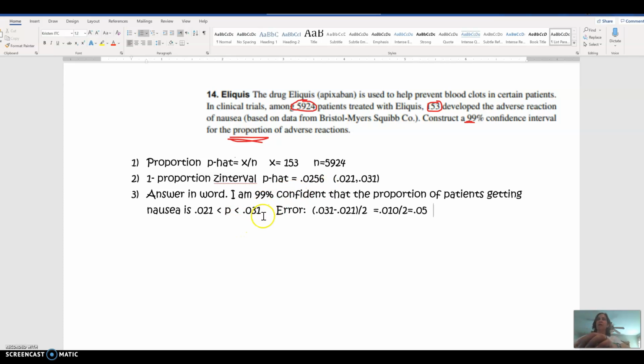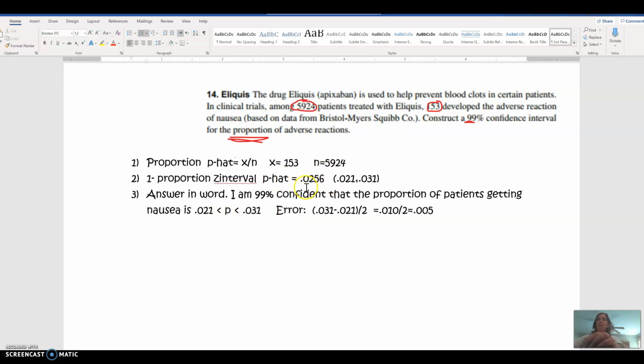The other way you could do that is this 0.031 minus this 0.025. And I think I did something wrong here. 0.005. I divided wrong. So it's about 0.5%, right? And if I did this 0.031 minus this 0.025, or if I rounded to 0.026, I'm going to get the same distance.